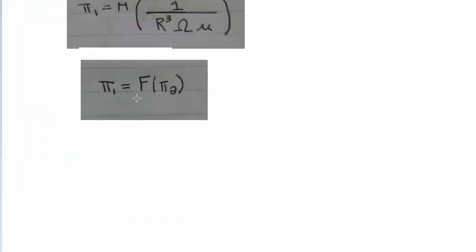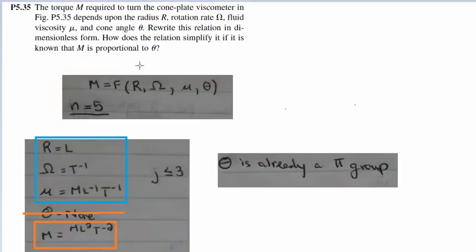So this tells us the actual relationship between these 2 pi groups. If it's directly proportional to something, then one thing is going to be some constant times the other to the first power. Now, if it said there was a quadratic relationship here, then you'd have one pi group proportional to a constant times the other pi group squared. So your final representation is simply going to be this.